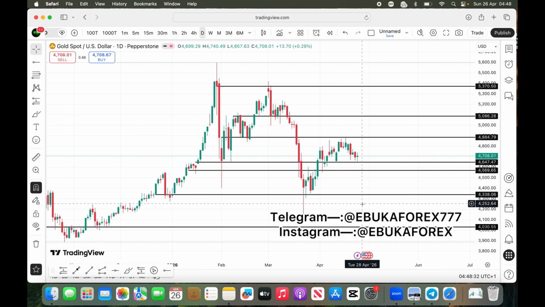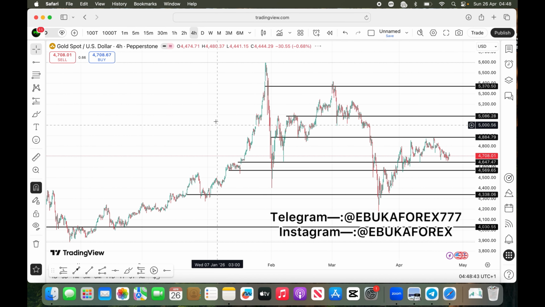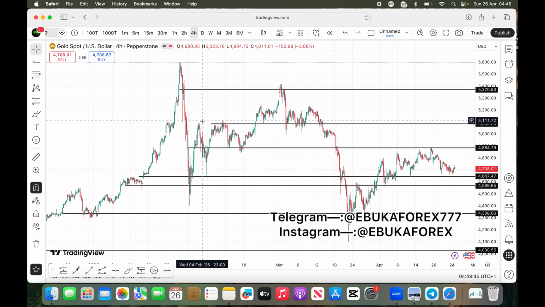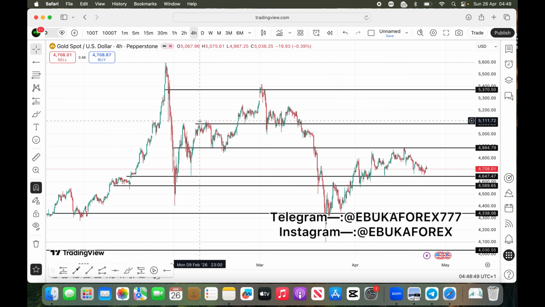So the Asian range must be taken out during the London or New York session to push the price to the major direction. So here I don't use the four-hour time frame, because when you already marked the major key levels on the daily time frame, you already have the overall view of what the market is going to do for the week.